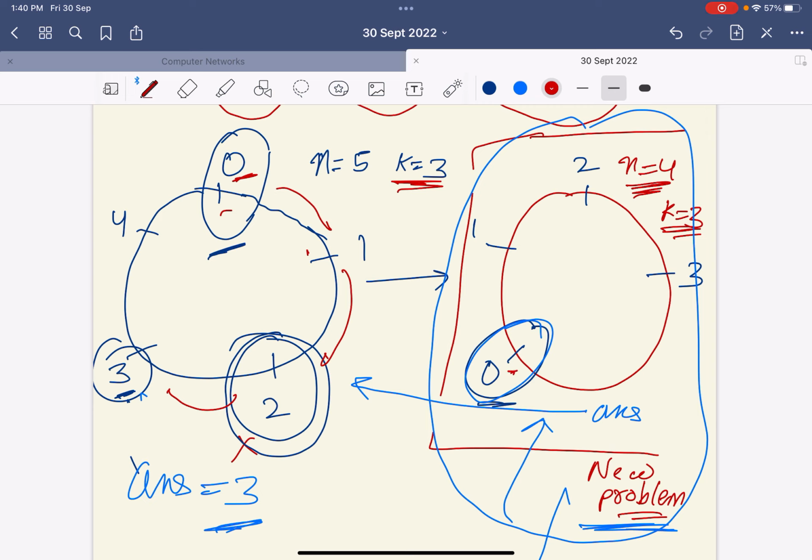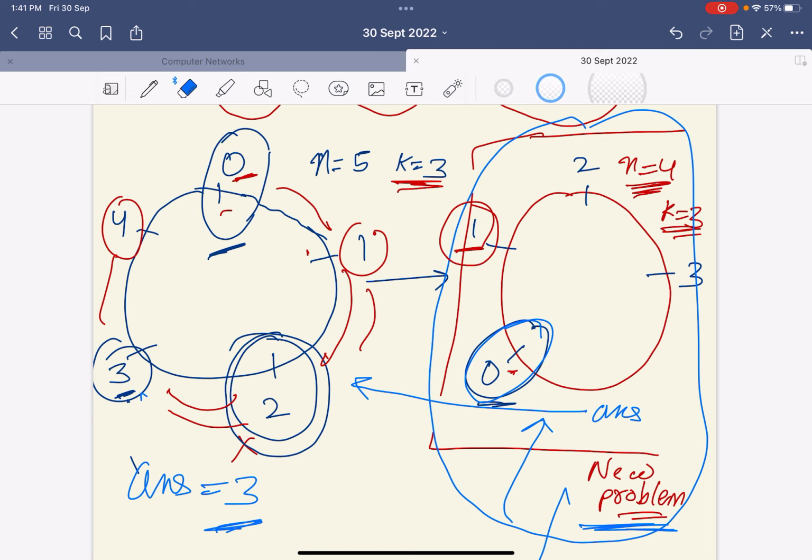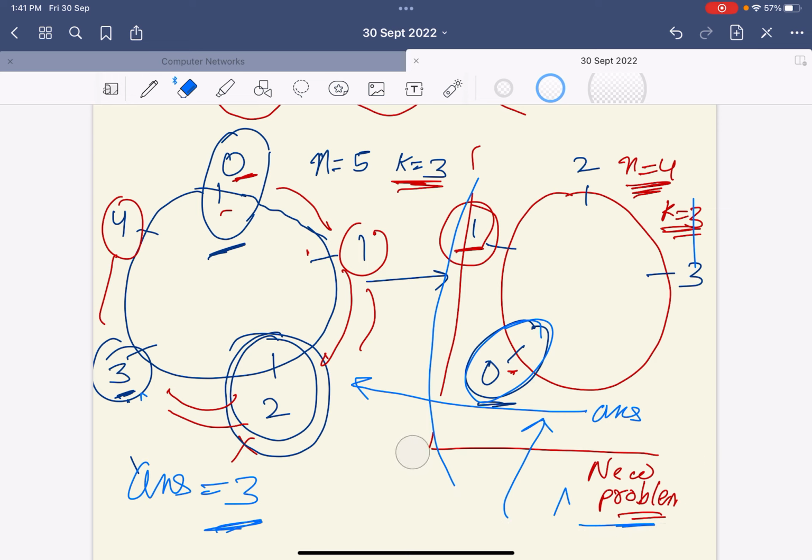By this, every number is shifted by 3 units; this 1 is shifted by 3 units, 1, 2 and 3. So here we can see 1 is here in this new problem. So every number is shifted by 1 in this new problem.